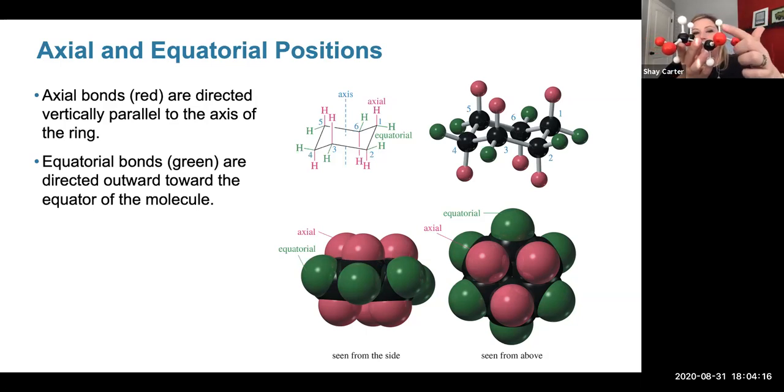So the top face hydrogen is equatorial, but the top face hydrogen on the next adjacent carbon will be axial. Then we go equatorial, then we go axial. So on one face of the ring, as we walk from carbon to carbon, we're going to go axial, equatorial, axial, equatorial on each face of the ring.